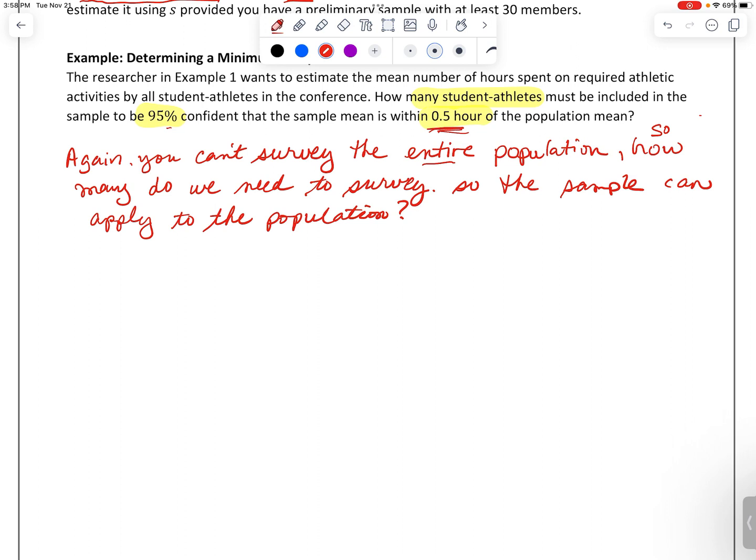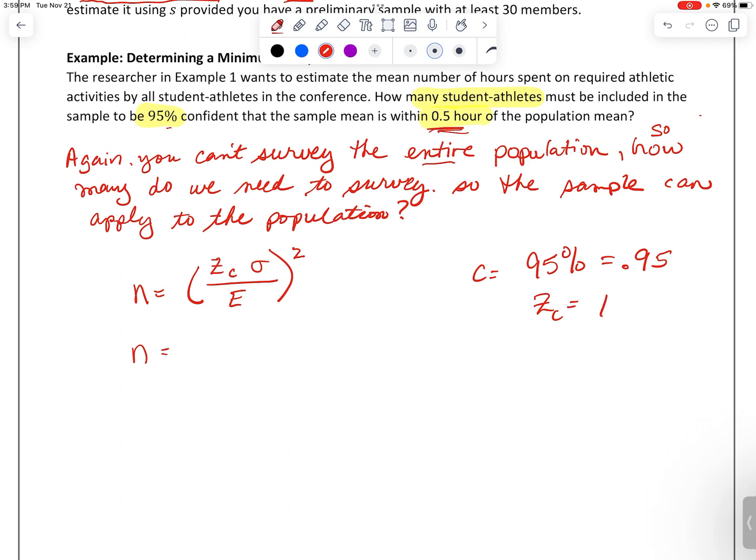Okay? So my formula says N is equal to my ZC score, so my critical value, times my population standard deviation, divided by E, and then squared. So N is equal to, okay, we're looking at a 95% confidence, so that's 0.95, which means my ZC is equal to 1.96.